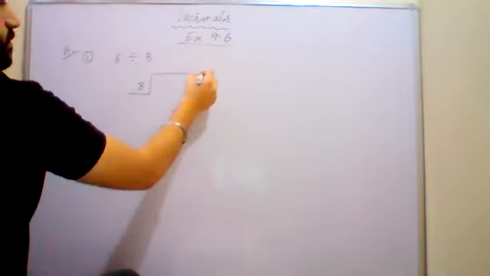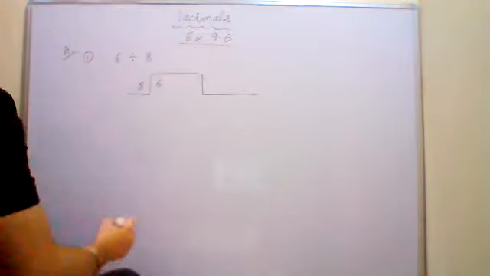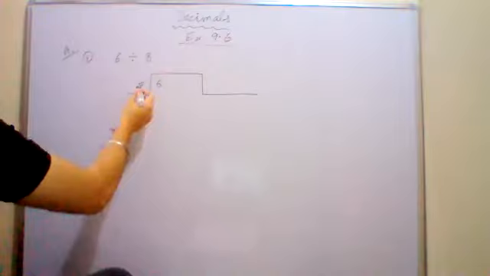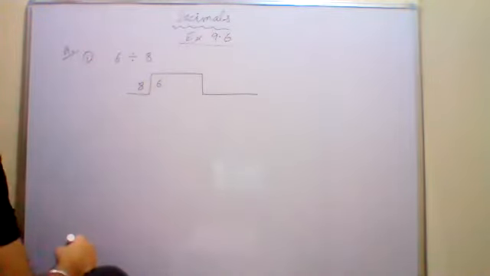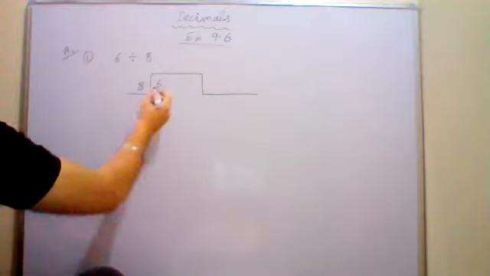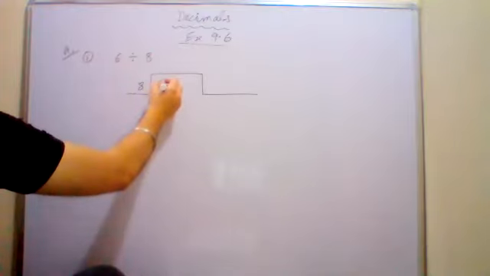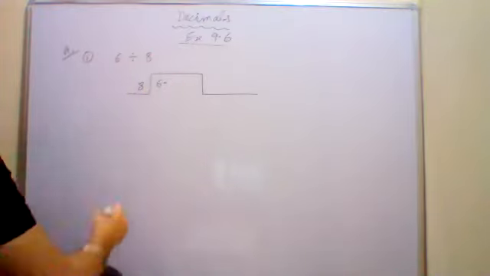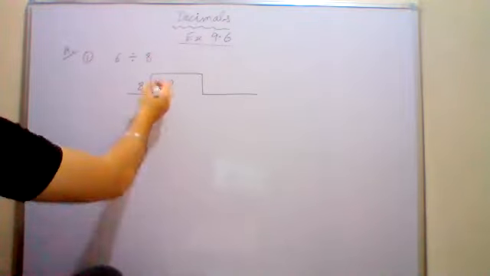See, 6 is the number. The number 6 is smaller than 8. I am right or not? So you cannot divide 6 by 8 like this. So you write a decimal, 6.0.